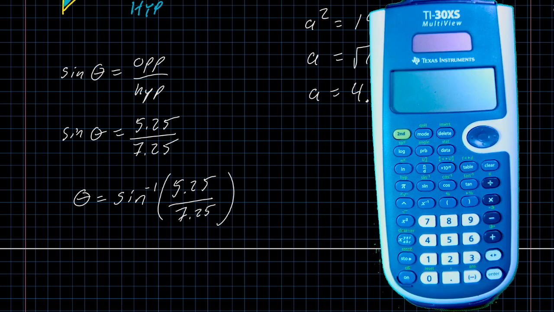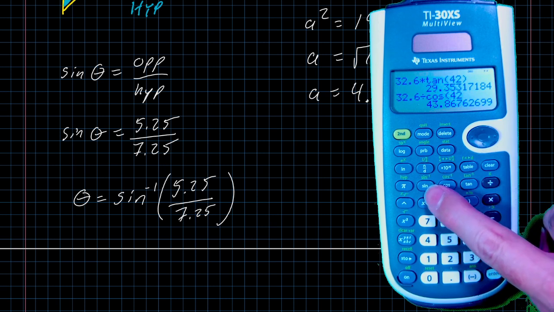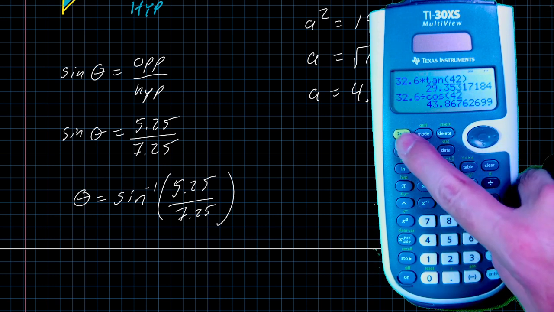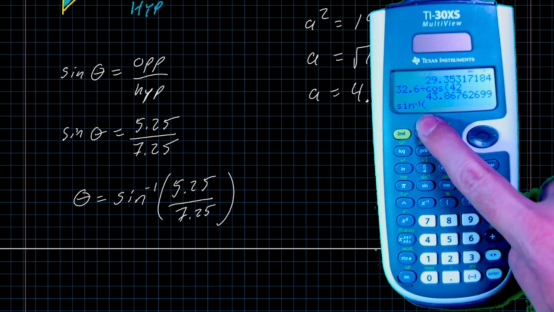So, grab my calculator, put it on the screen. On this calculator, the inverse sine is printed in the alternate text right above the sine button. So for this calculator, I hit the second key to get the alternate functions. Then I hit the sine key, and it's written as sine raised to the negative 1.